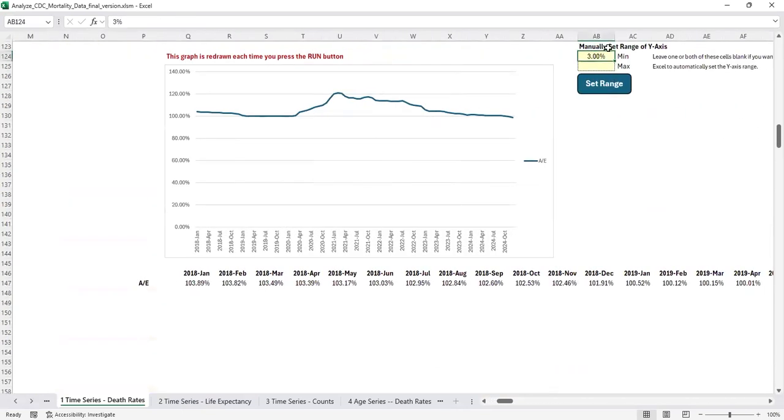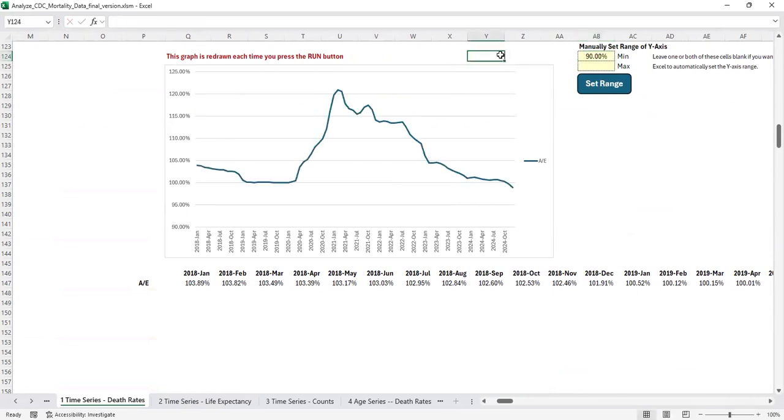Let's reset the range. Let's make the lower boundary 90%. And we see in the period leading up to the pandemic, by design, by definition, the result here is 100% because we're comparing 2019 data to itself. And so A over E is 100%. Then we hit the pandemic period.